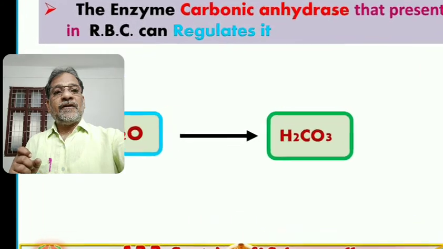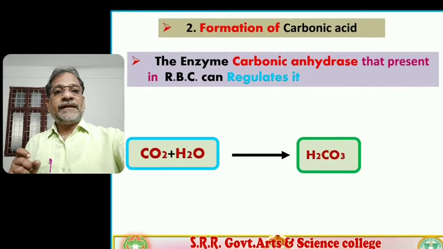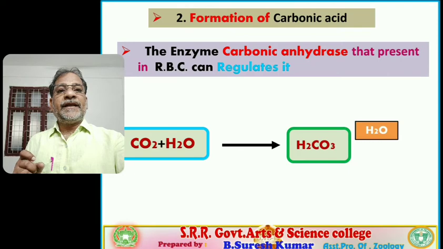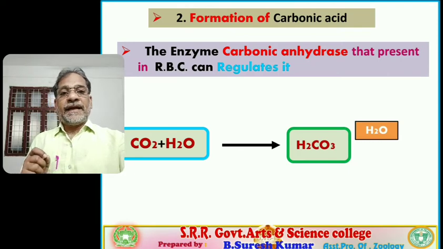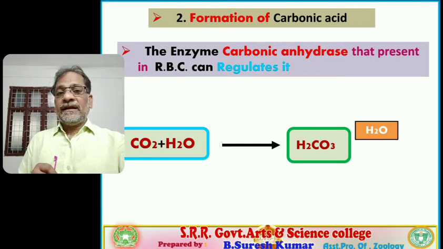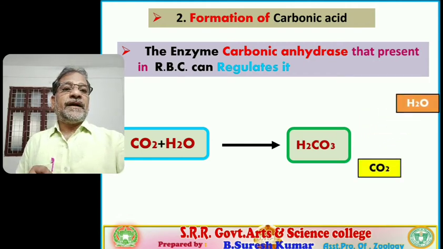So carbonic acid, H2CO3, is produced. Carbon dioxide combines with water and produces H2CO3. Followed? So it is mediated by carbonic anhydrase. Next, the H2CO3 immediately breaks down and gives rise to H2O as well as CO2. After that we will discuss.